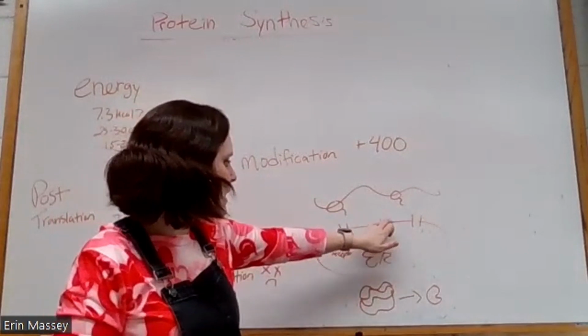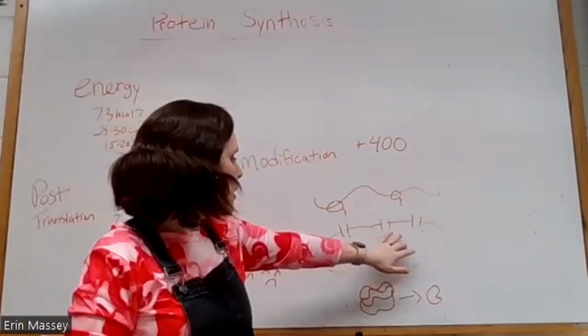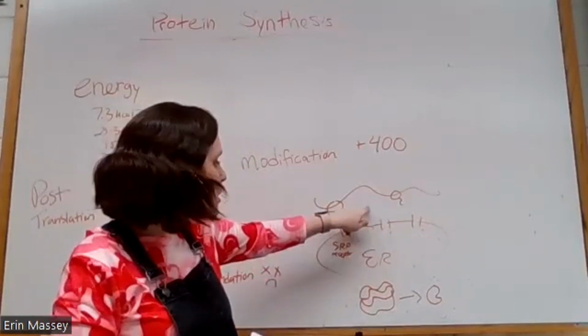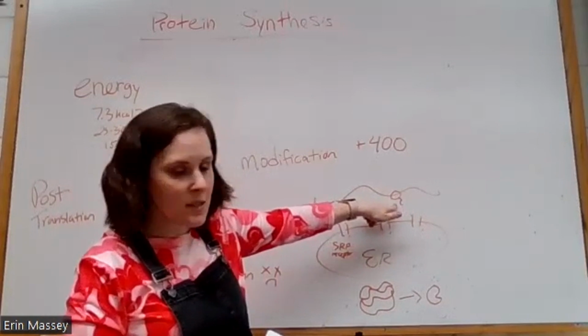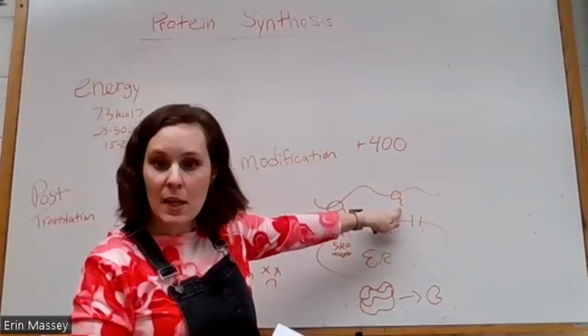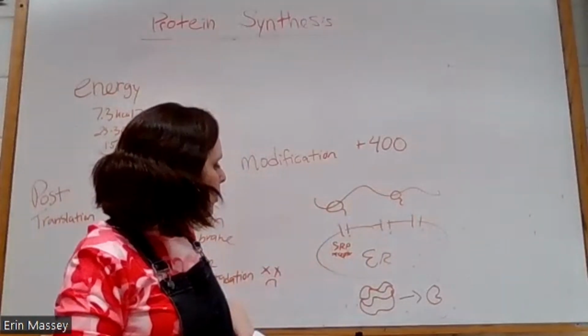And when it does, just like many of the organelles, the ER is semi-permeable, so it's only going to let in the right protein that it's looking for. It's going to open these gates after recognizing that little tail. And then it's going to pop off and go to where it needs to be.